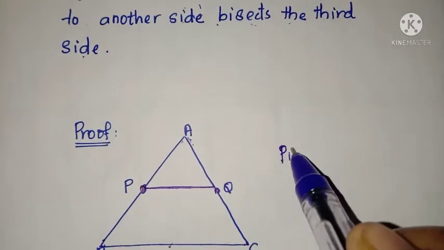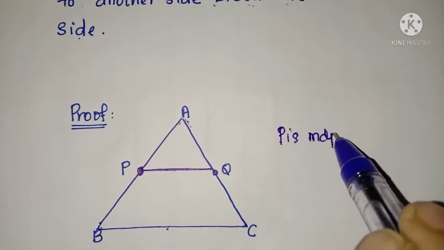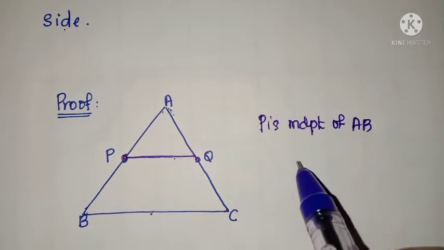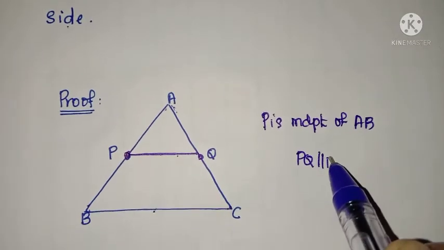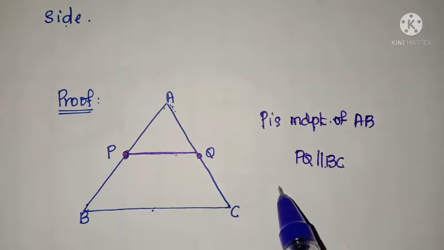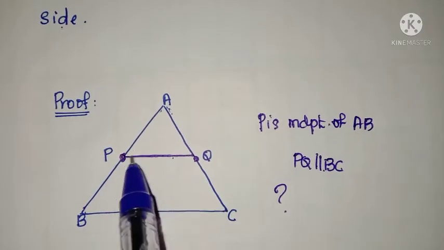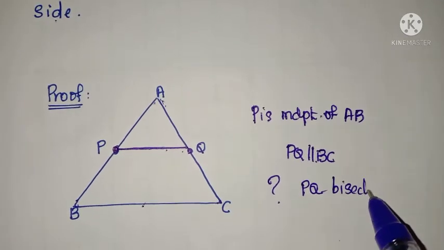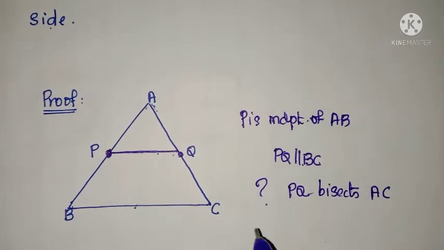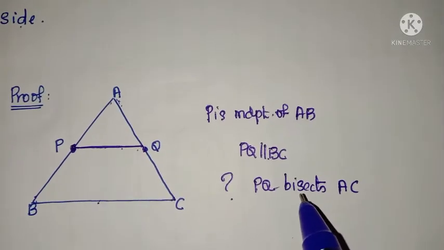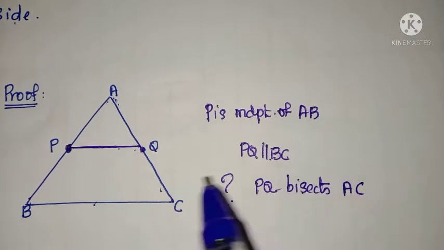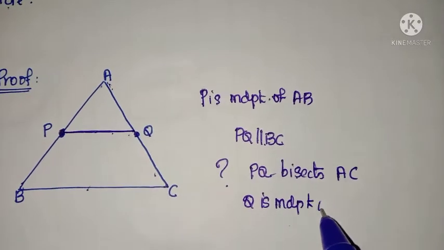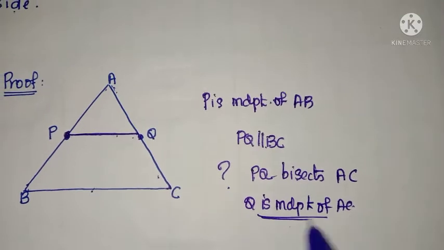So here it is given P is the midpoint of AB and the line PQ is parallel to BC. These two statements are given and we need to prove that PQ bisects the third side AC. Bisect means divided into two equal parts, or Q is the midpoint of AC. That is what we need to prove.